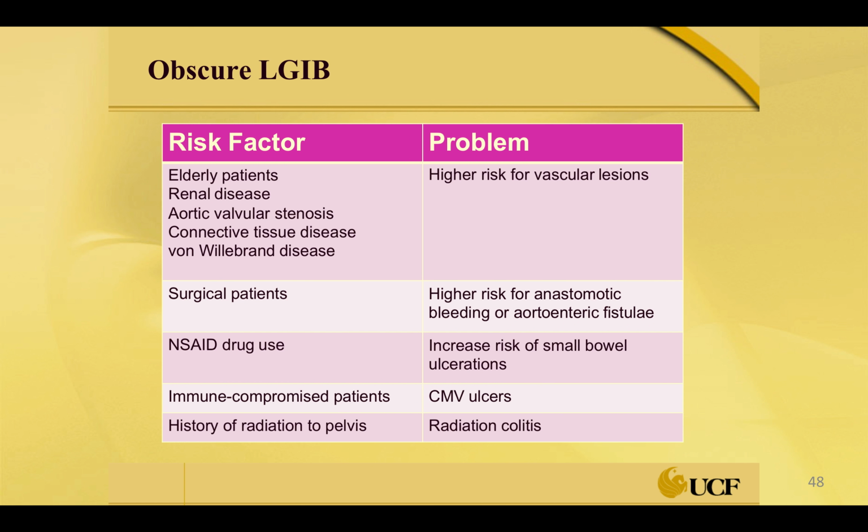So, for example, elderly patients are at very high risk for vascular lesions. Surgical patients are at higher risk for anastomotic bleeding or aortoenteric fistula.